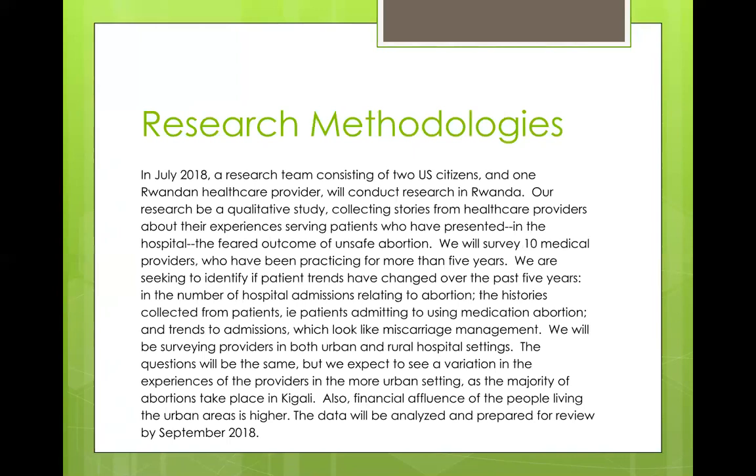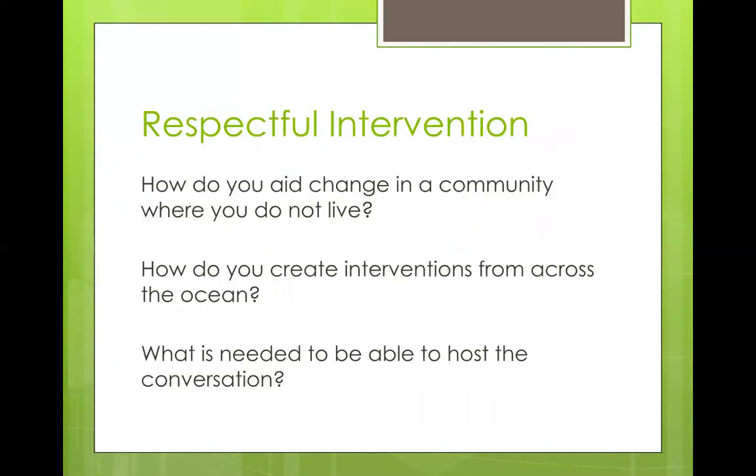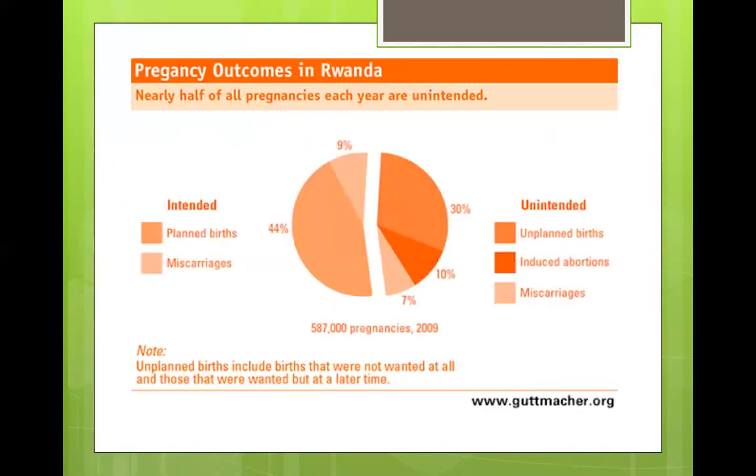We are also going to ask questions about trends around hospital admissions related to things that look like miscarriage management. If we go back a few slides, we know that miscarriage happens in about 7% of the unintended pregnancies, and we see it in about 9% of the intended pregnancies.